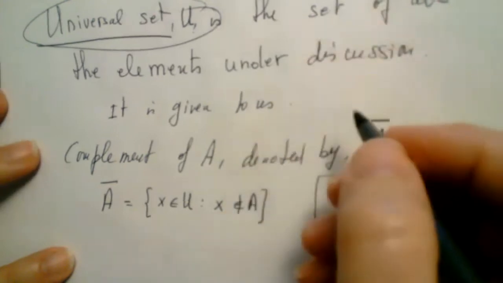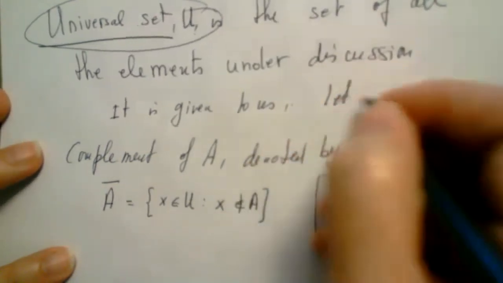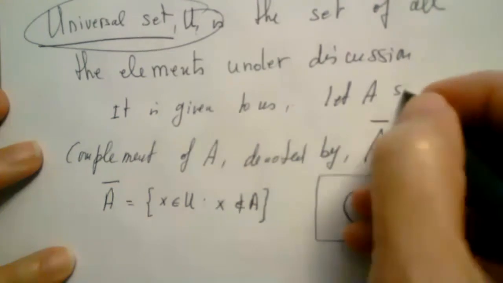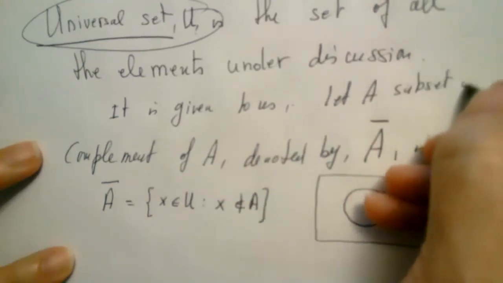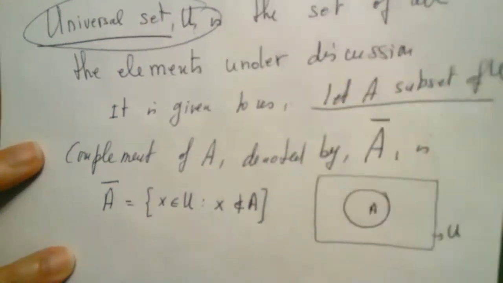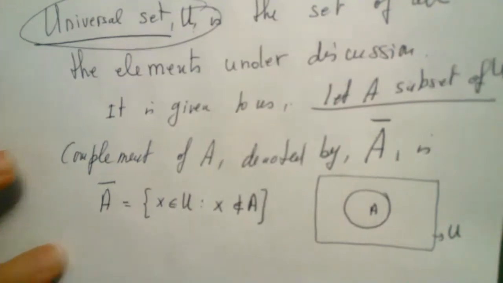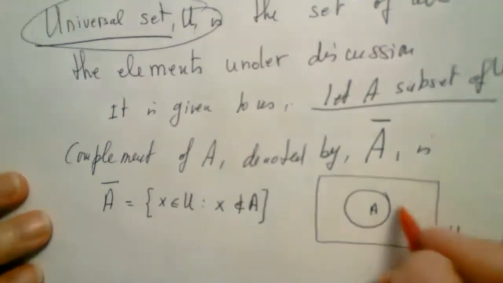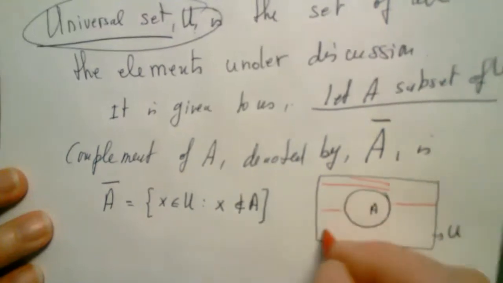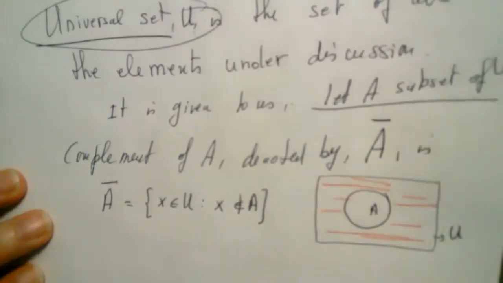Sorry, I should say let A be a subset of U. My apology. That's crucial. A is in it, and the complement is everything in my universe that's not in A. Right?